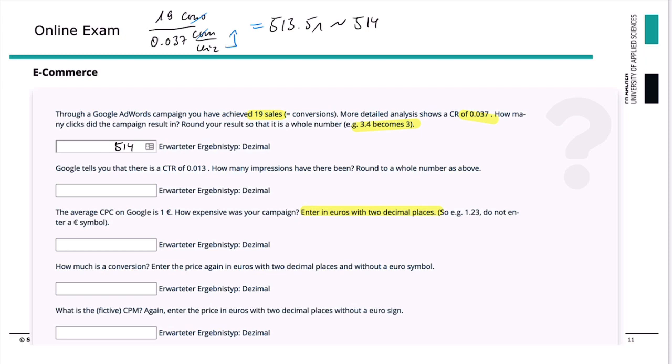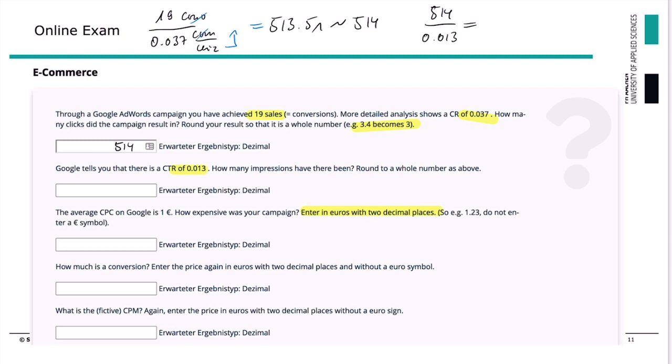How many impressions have there been? Again, I have a given CTR. So I'll take my 514 divided by 0.013, and I'll come to my result. I can either take the intermediate result I had before from the table calculator, or I can start with the 514.